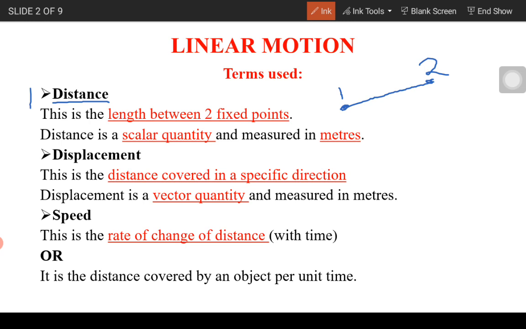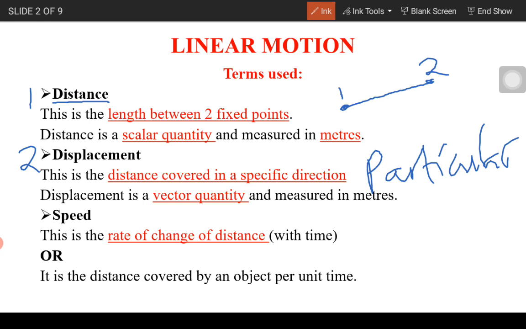The second terminology that moves alongside distance is what we call displacement, and this is the distance covered in a specific direction, or in a particular direction.